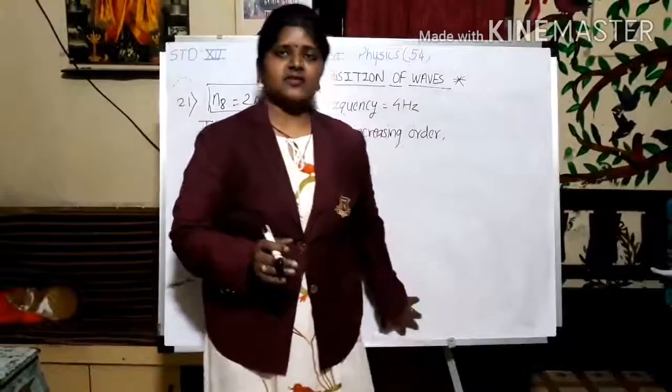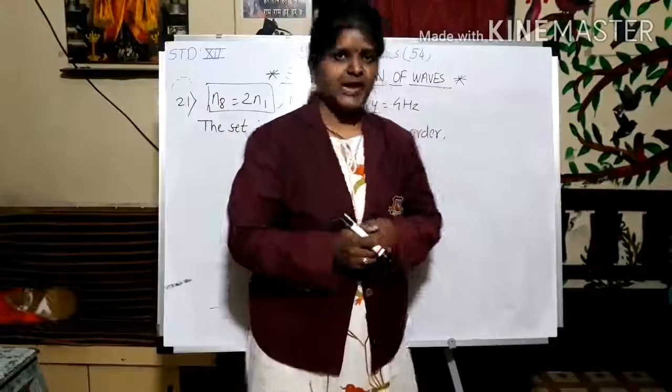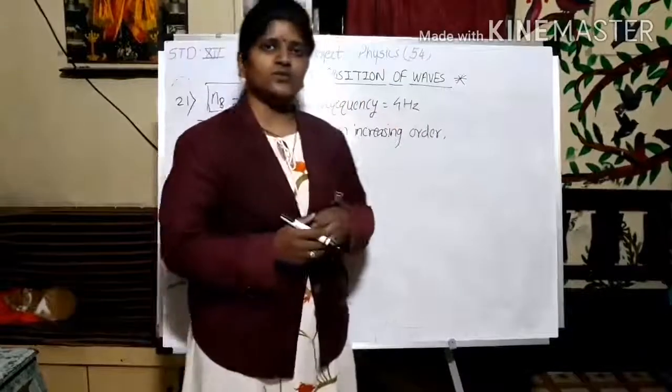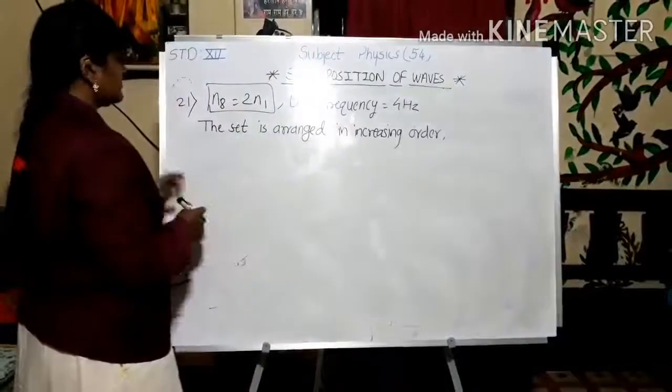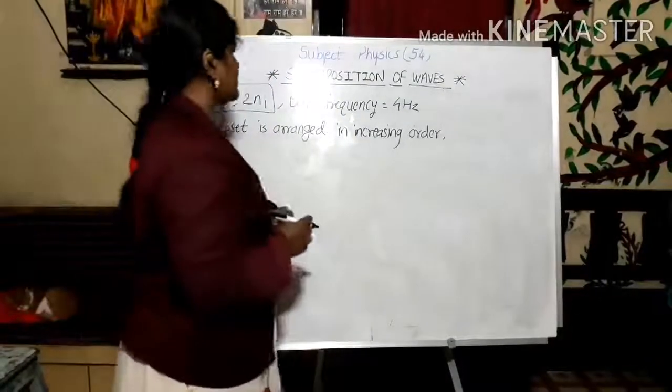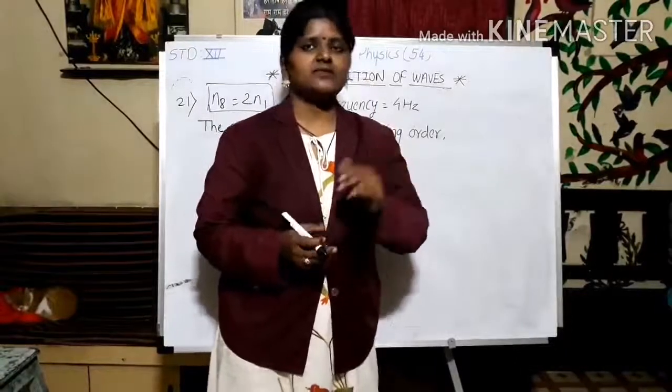And they told us that the tuning forks are arranged in increasing order. What we are going to find out is the first frequency and the last frequency, N1 as well as N8. So let's move forward towards the numerical.